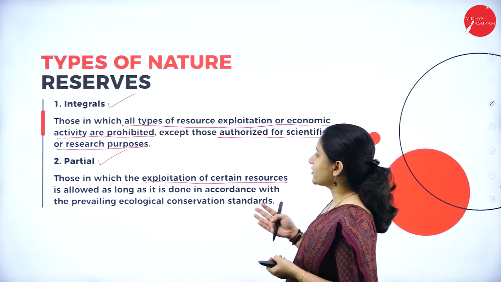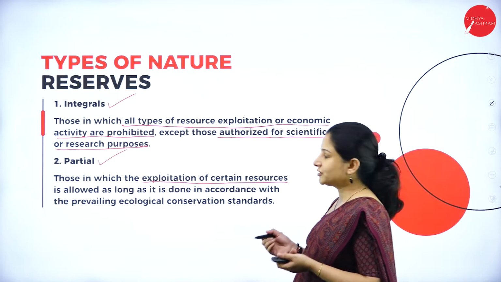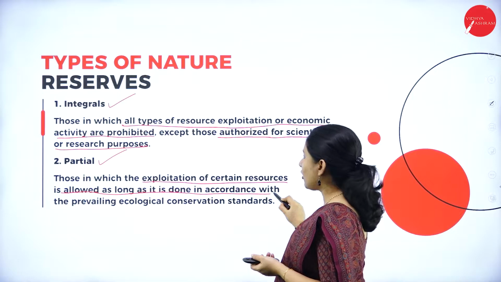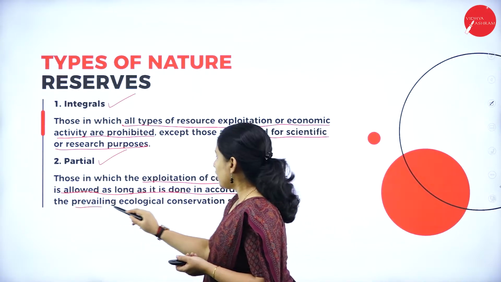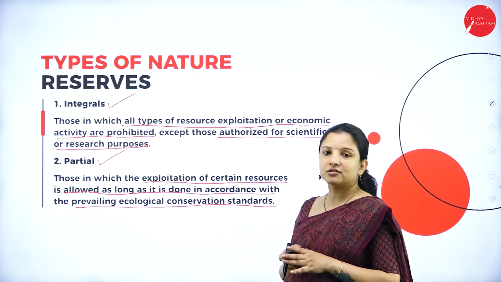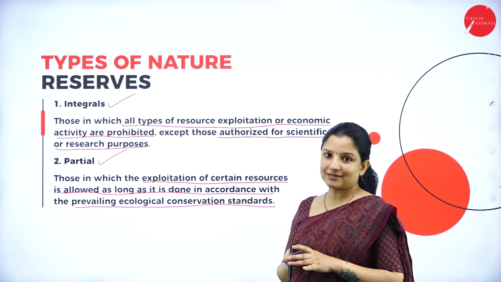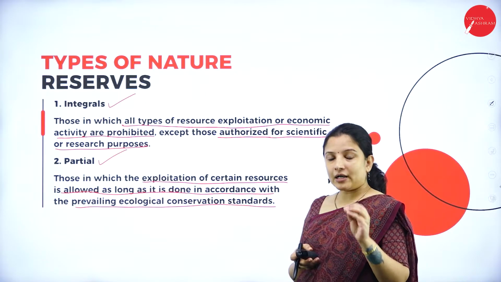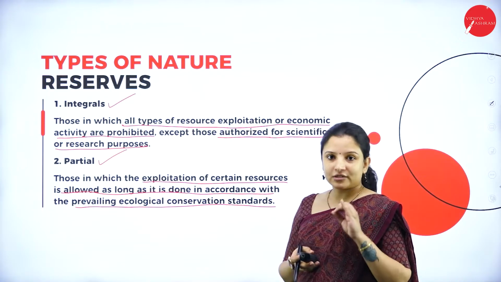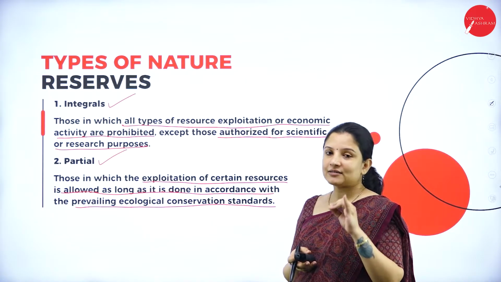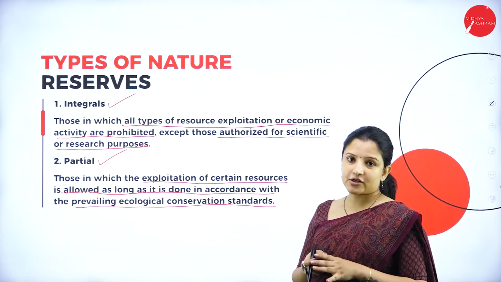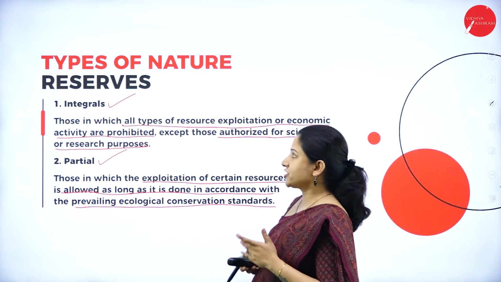The exploitation of certain resources is allowed as long as it is done in accordance with the prevailing ecological conservation standards. There are some laws, rules and regulations framed according to the ecological conservation standards. As long as people follow these rules and regulations, some of these activities are allowed here, but complete exploitation is not allowed. So that is partial nature reserve.